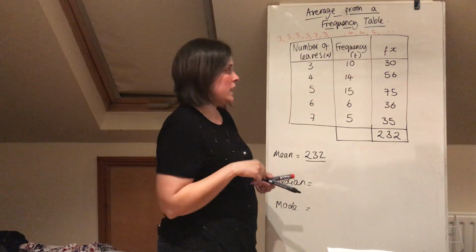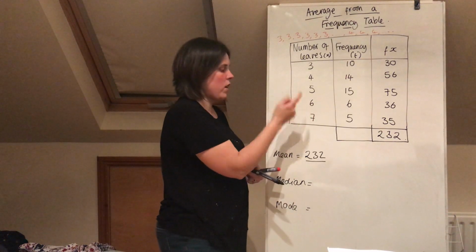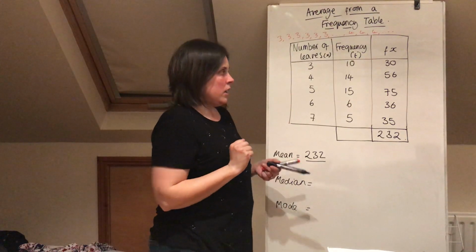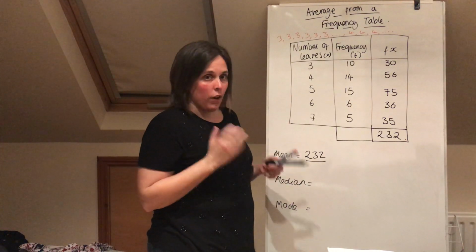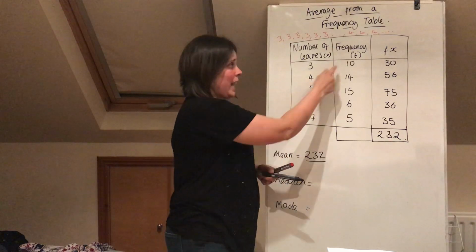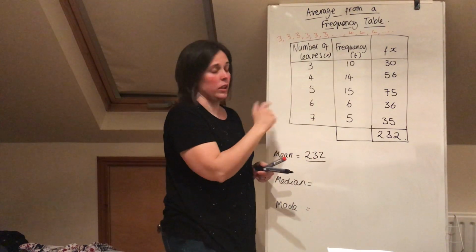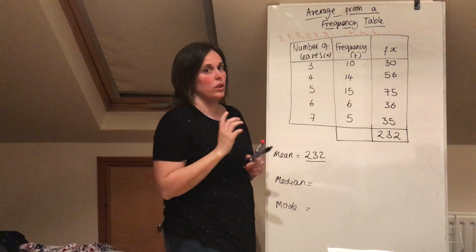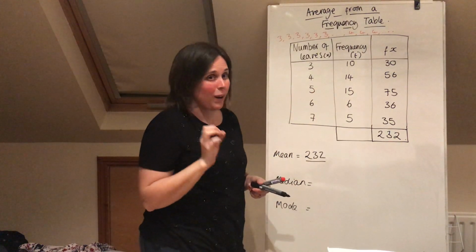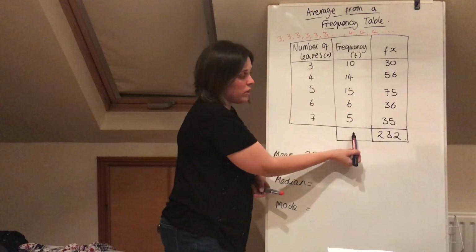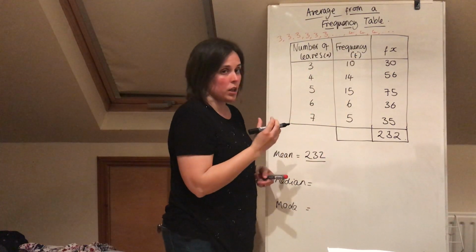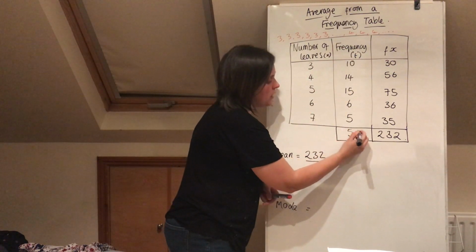Now the common mistake is to go, I've got 1, 2, 3, 4, 5 and divide by 5. That's wrong. There are not 5 plants that we're looking at. There are 10 plants that have 3 leaves on, and 14 plants with 4 leaves on, and 15 plants with 5 leaves on, and so on. So the number of plants we have is actually the total of this column here, which is the total frequency, and this is 50.